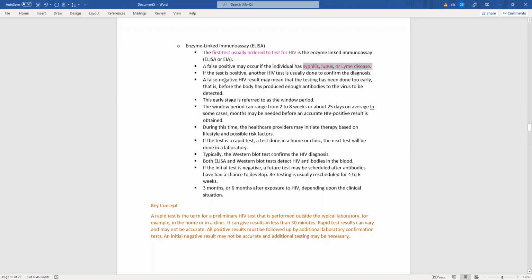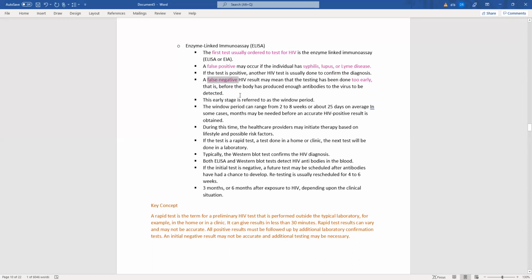A false negative HIV result may mean that the testing has been done too early. False negative, just too early, before the body has produced enough antibodies to the virus to be detected.